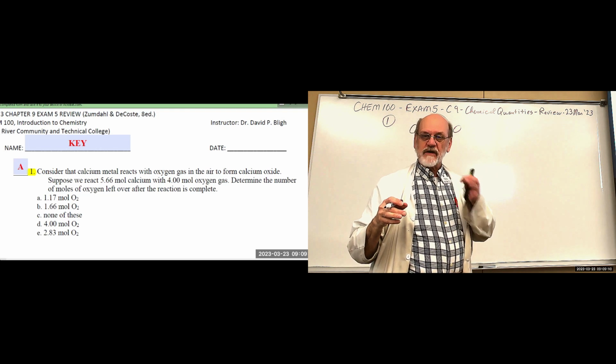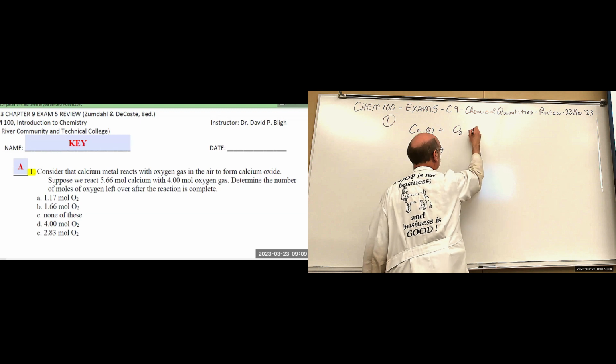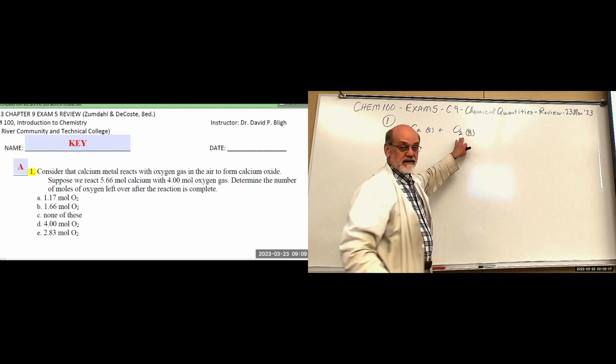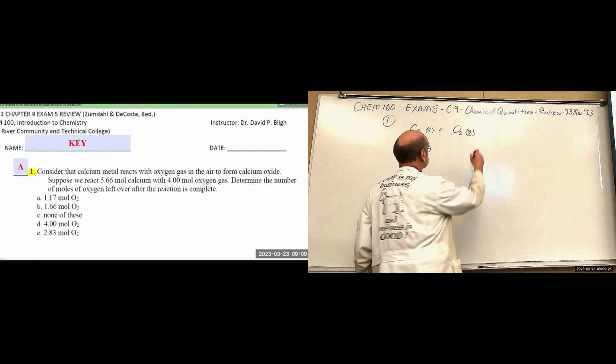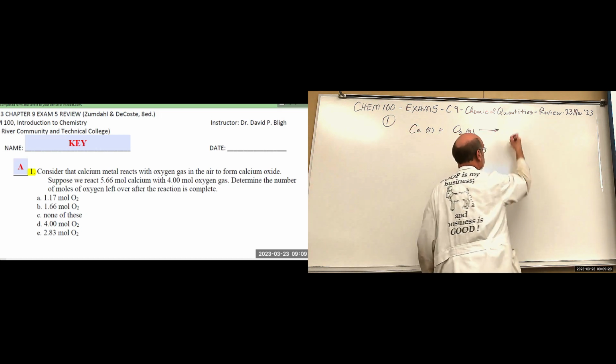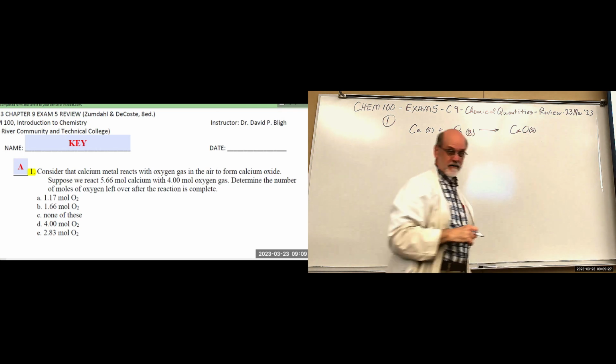Oxygen gas is always diatomic. If you don't remember that, then you cannot write the equation correctly. And makes calcium oxide, which is also a solid. All right.